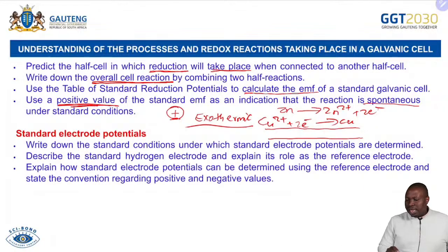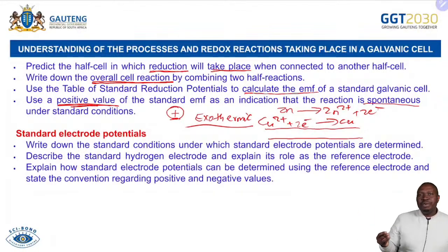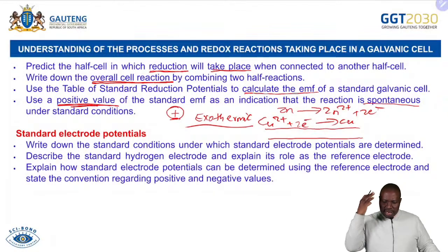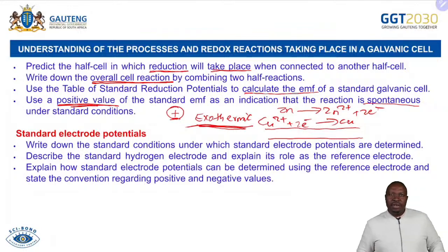So you must know that the EMF of a galvanic cell, you expect it to be positive. What does a positive EMF mean? It means that the reaction is spontaneous, and when it's spontaneous, these reactions, which are galvanic cells, are exothermic in nature.